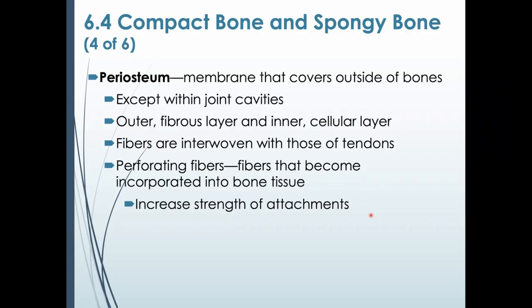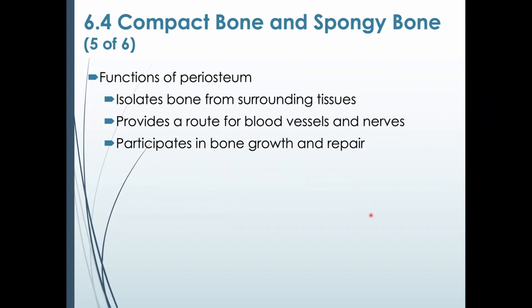Those perforating fibers help to increase the strength of the attachments. Now, the function of the periosteum is going to isolate bone from the surrounding tissues. Okay. It's going to provide a route for blood vessels and nerves. And it's also going to help to participate in bone growth and repair.